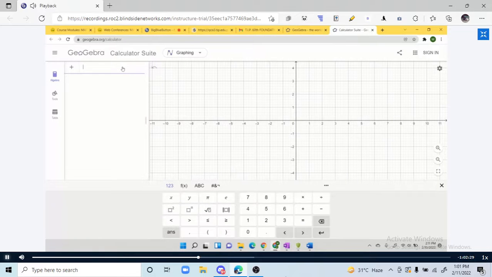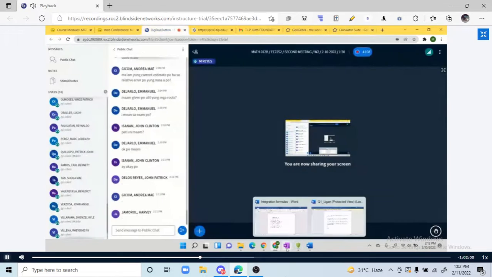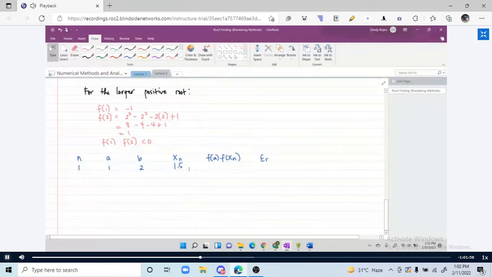Yung sa bahay nyo naman ginagawa, x cubed minus x squared minus 2x plus 1. Ito yung dapat maging sagot natin. Ito yung second positive root niya, 1.8019. So, dapat, itong number na to dapat laging nasa loob nung bracket natin, no? Nung interval natin from A to B.